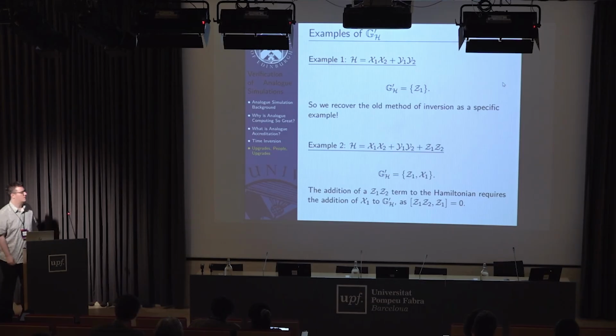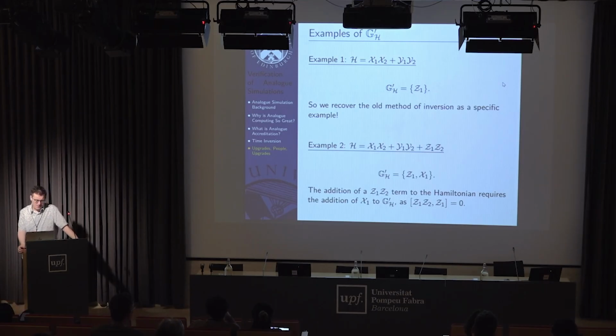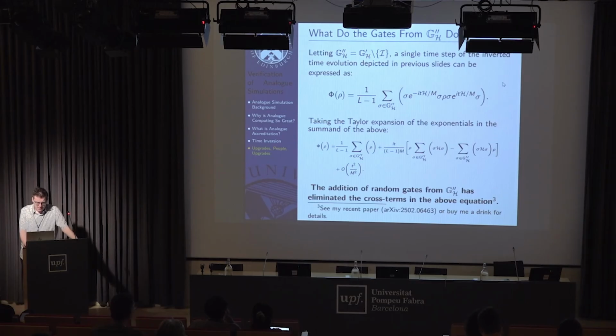The Z gate does commute with, obviously, Z gates, so I need to add another gate in this case, and it could be a Y, it could be whatever, it doesn't really matter, providing it anti-commutes with Z gates. Then that will give us a perfectly valid G dash gate that works out.